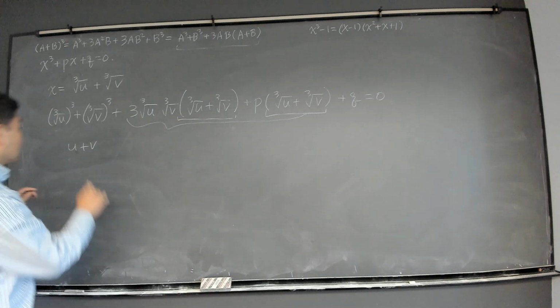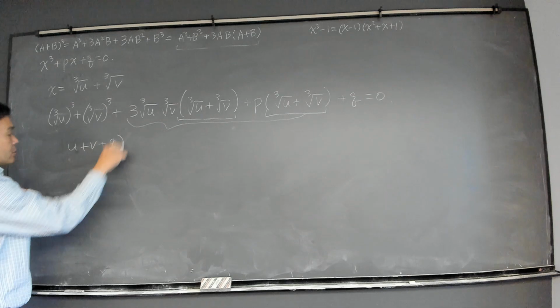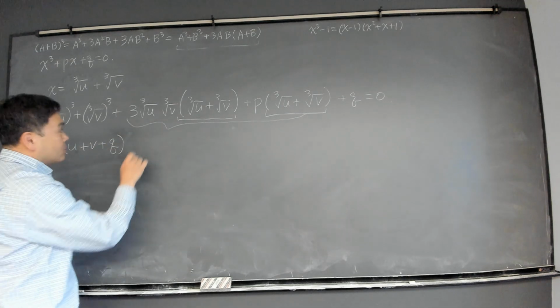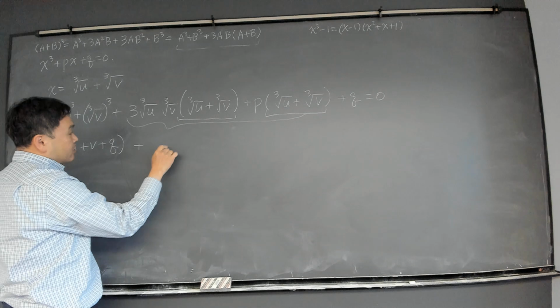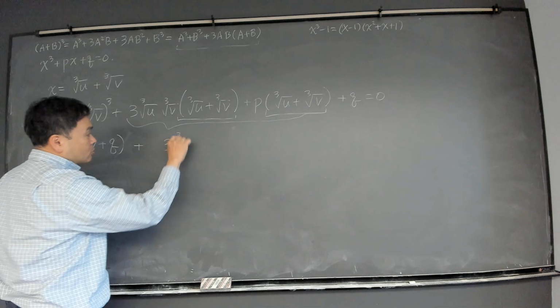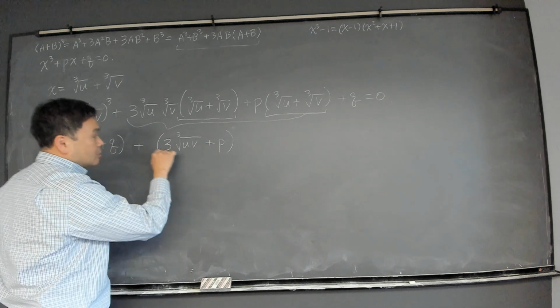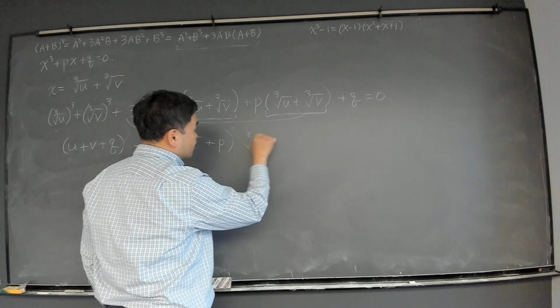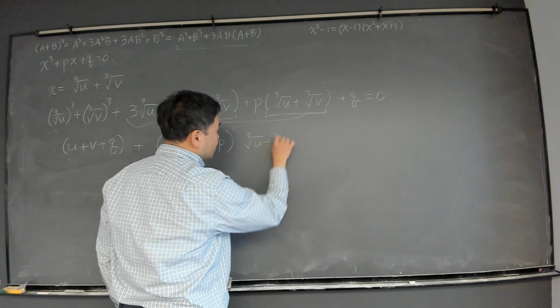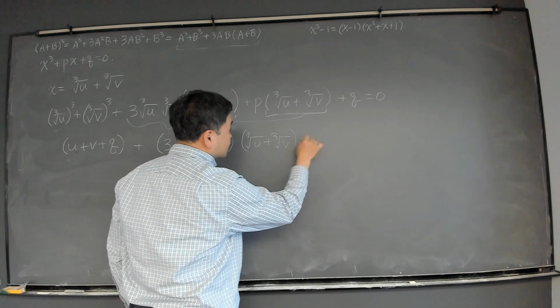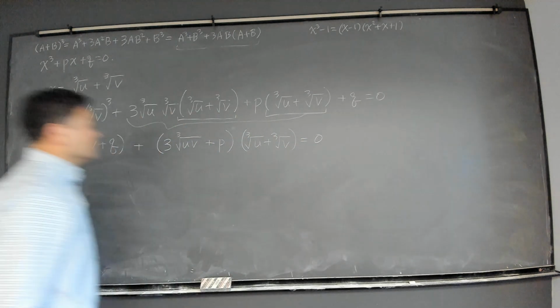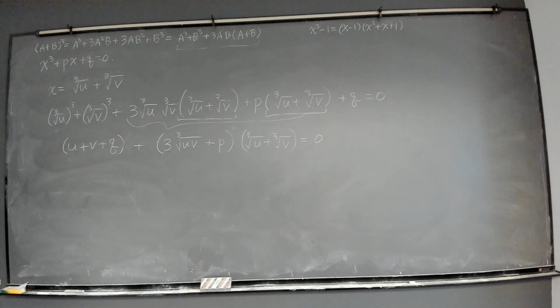So I have u plus v plus q here. And the other part is 3 cube root of uv plus p, multiplied by cube root of u plus cube root of v.